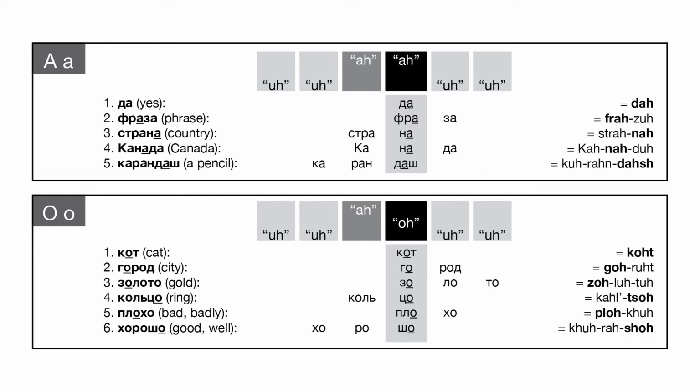Number 5, and this is a nice example to remember because we have all 3. Karandash. So there we have the first one pronounced Okay, the next letter is maybe the most important and the most difficult because the letter O can represent 3 different sounds. So this is the hardest one here when we're talking about vowel reduction.